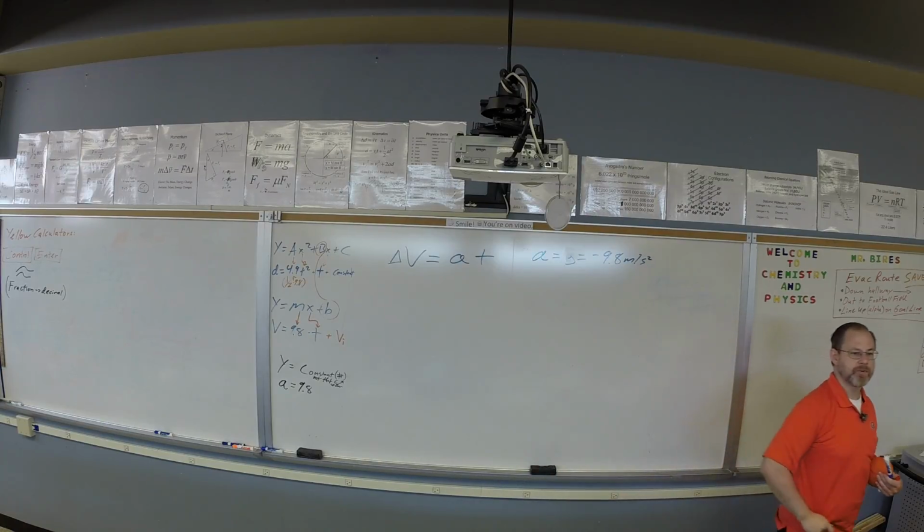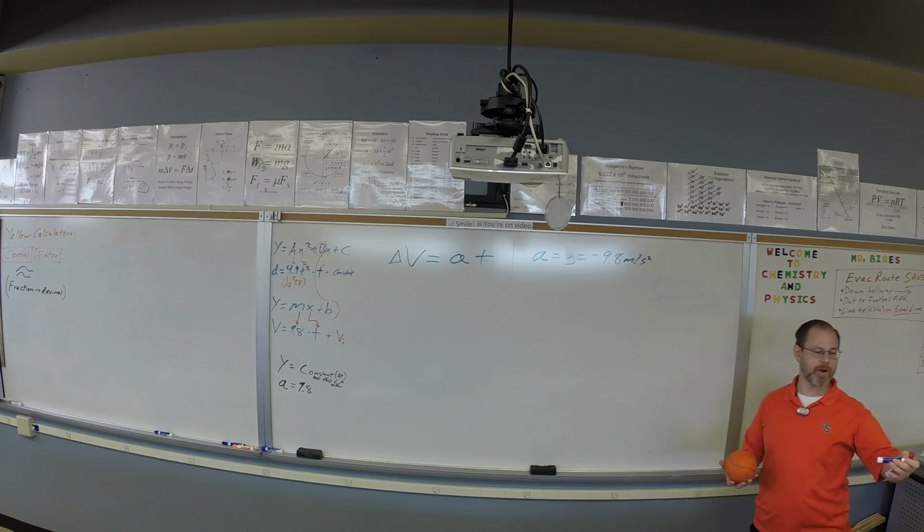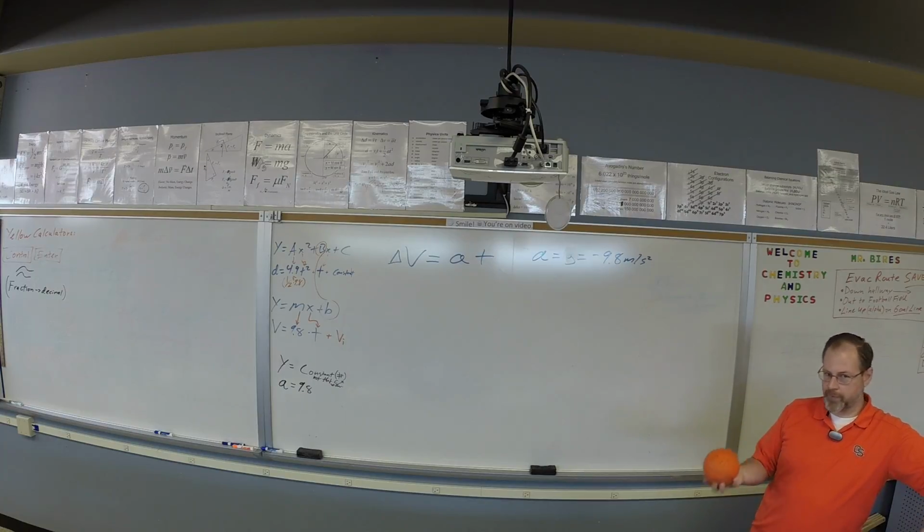In other words, the meters per second squared comes from meter per second, that's velocity, every second. Every second, gravity is going to make this go faster by approximately 10 meters per second.